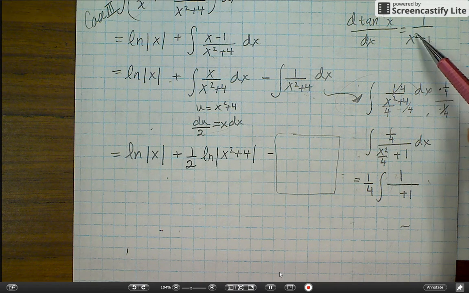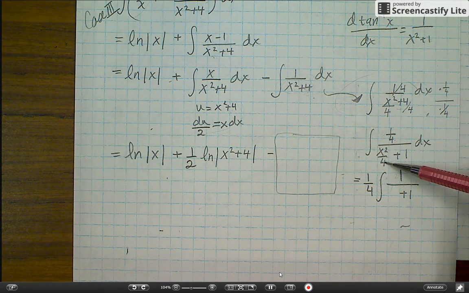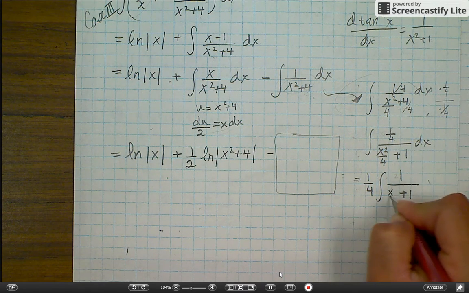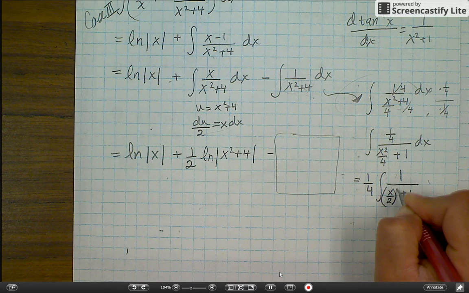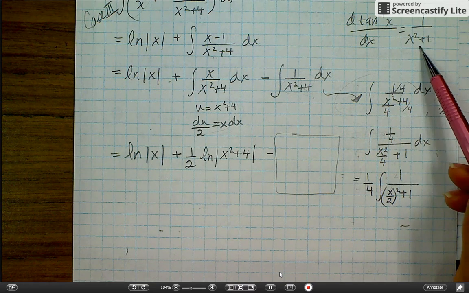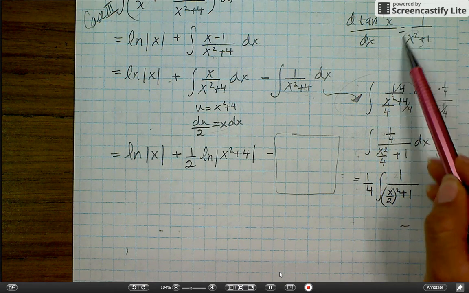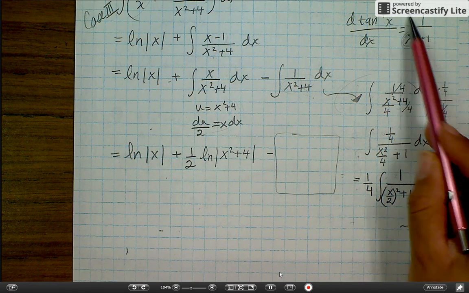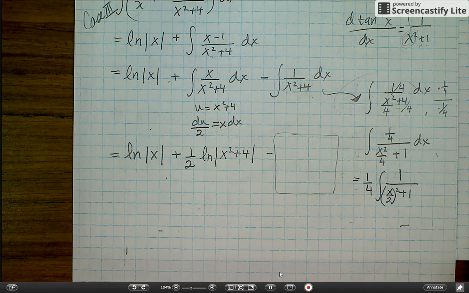So instead of this being x squared over 4, what is the square root of x squared over 4? It is x over 2. This is being squared. So if I were to do the antiderivative of this, that x goes in that spot.